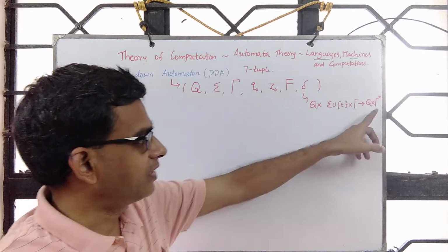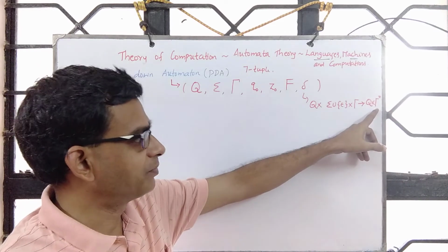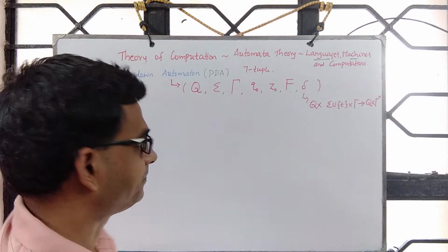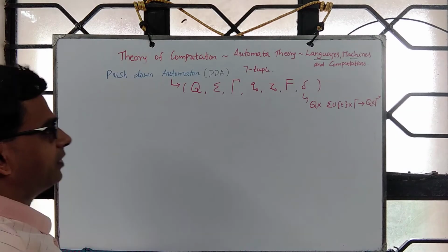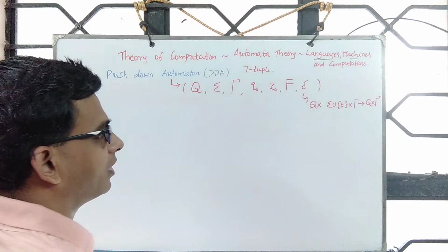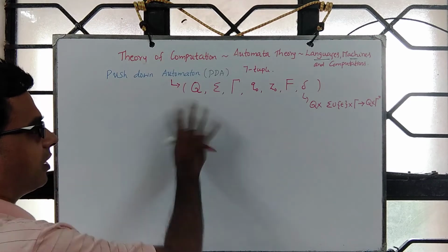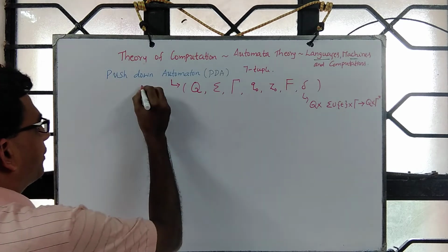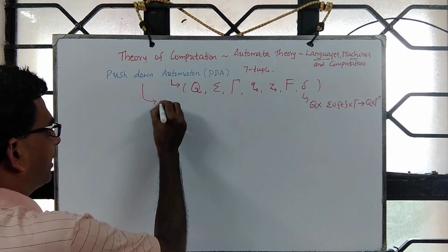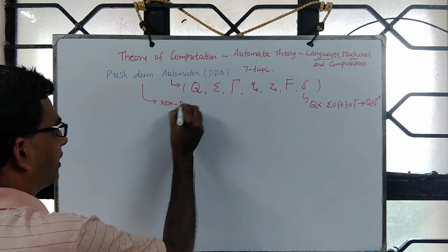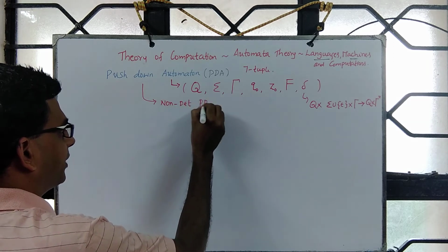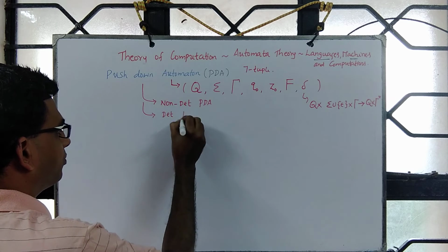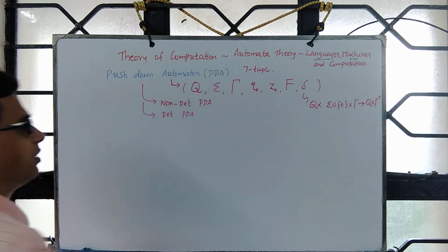We say gamma star because epsilon is something we need. When we say we want to pop, we need epsilon over there. So it's a 7 tuple describing the automaton, and very similar to FA, one can have a non-deterministic push down automaton and a deterministic push down automaton.